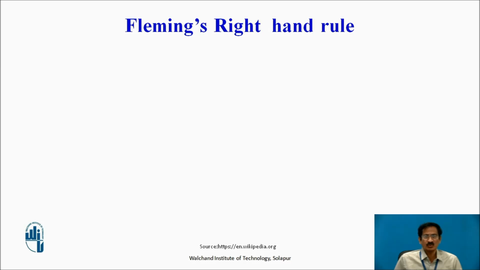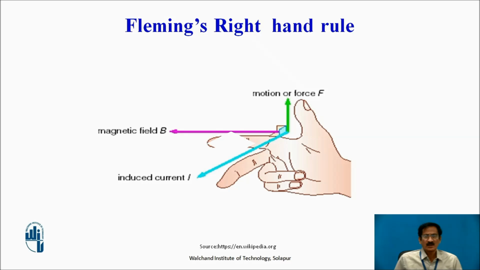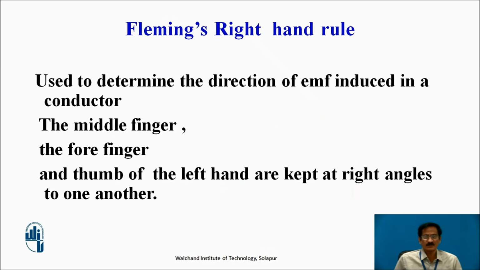Fleming's right hand rule. If we hold the right hand such that the thumb, first finger and middle finger are perpendicular to each other, then the thumb indicates the direction of motion of the conductor, the first finger indicates the direction of the magnetic field, and the second finger or middle finger gives the direction of the induced current.